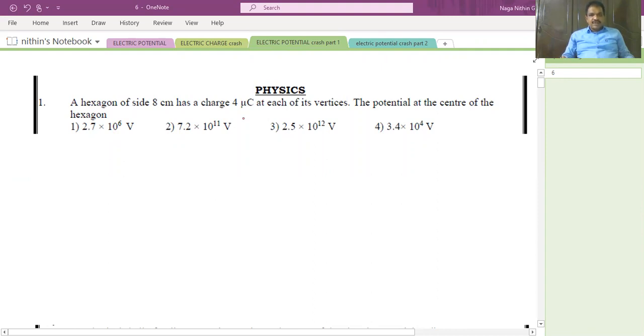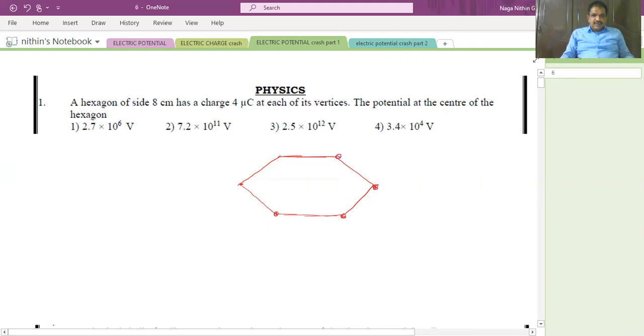The potential at the center of the hexagon will be. So draw a hexagon. Hexagon means totally 6 sides will be there.